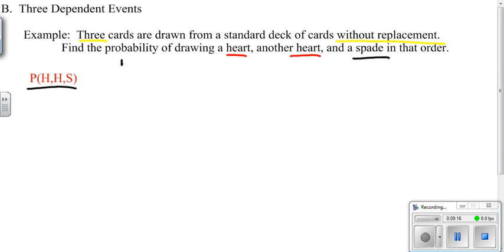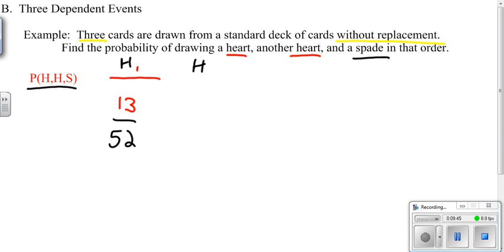Let's look at the first heart, H sub 1. There are 13 hearts in a standard deck: Ace, 2, 3, 4, 5, 6, 7, 8, 9, 10, Jack, Queen, King. So 13 in total, and we start with a total of 52 cards. So 13 out of 52 will be hearts. So that is our probability of drawing our first one as a heart.